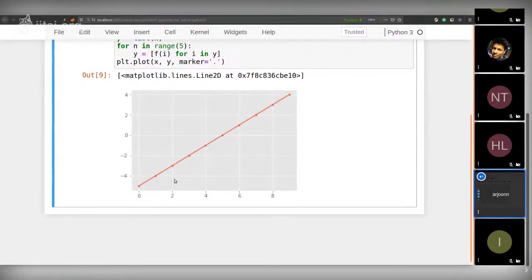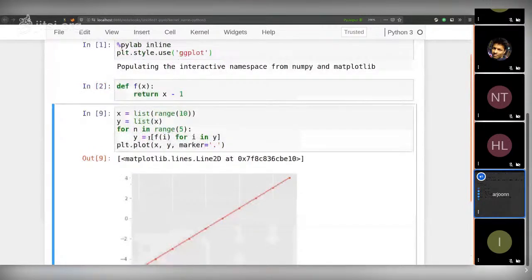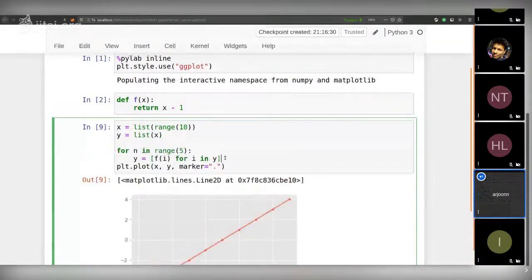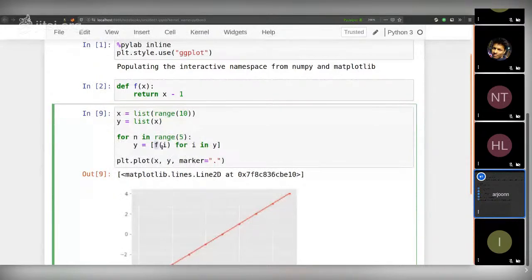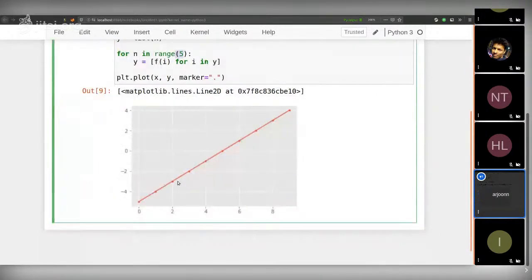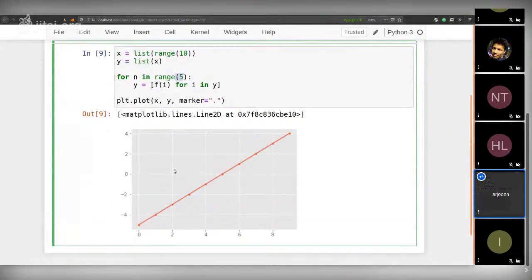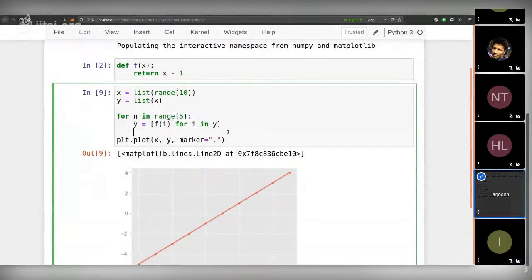So for 2, you're suddenly getting minus 3 over here because you've applied function f to the value 5 times. So you're getting 2 reduced by 5, which is minus 3, which is fairly understandable.